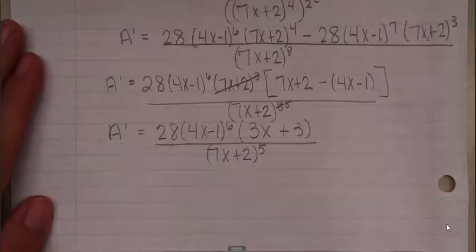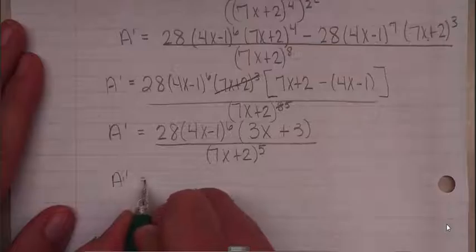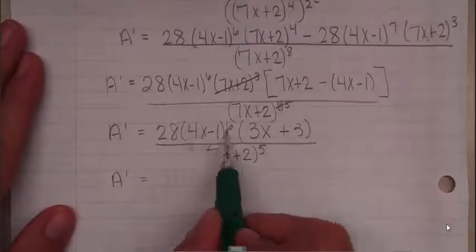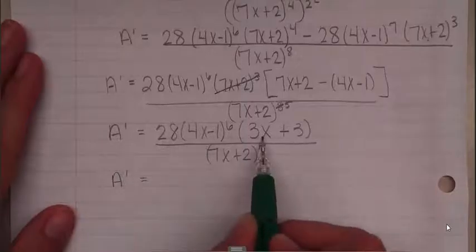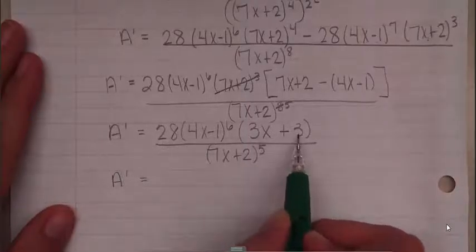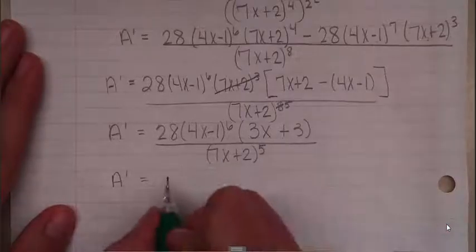However, I can do a bit more simplifying. So my last step here is going to be the fact that I don't want to multiply this all out, so I'm just going to leave that. But I can definitely take this 28 and multiply it by 3x and 3. So 28 times 3 is 84.